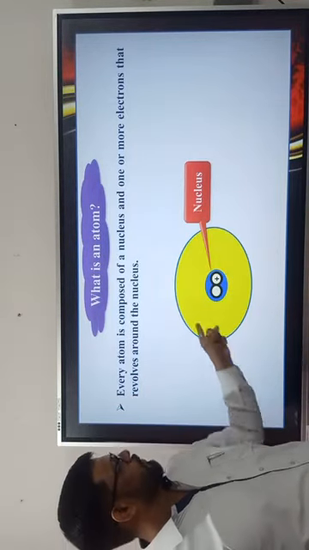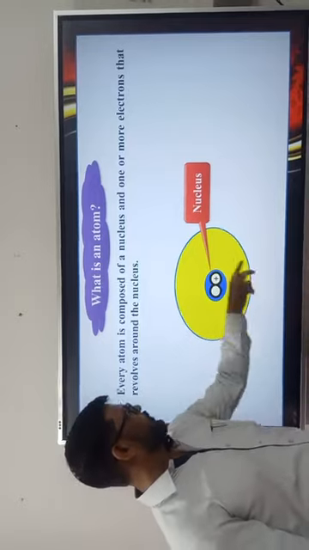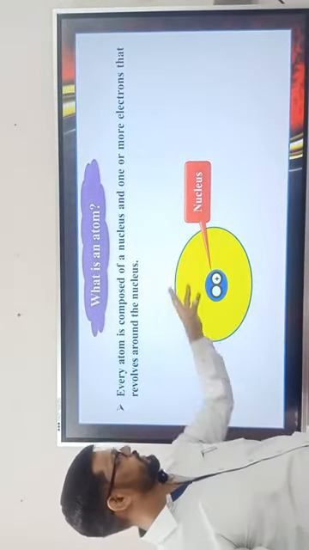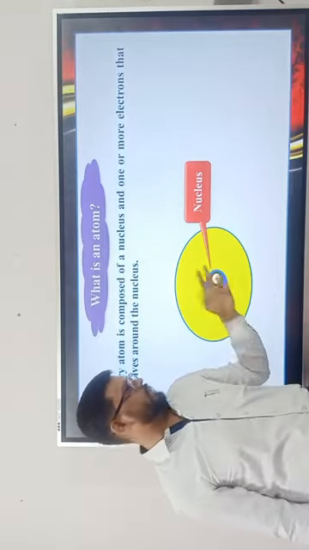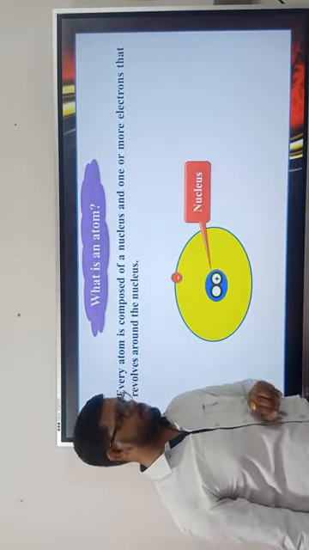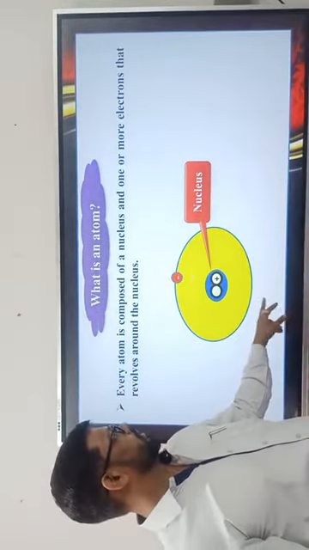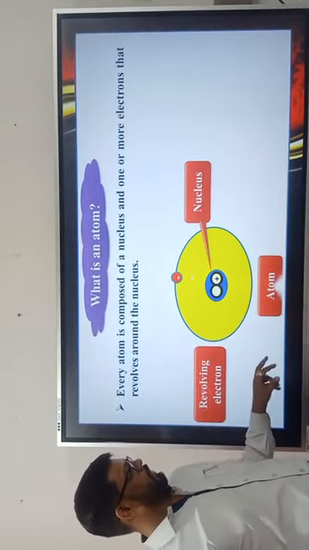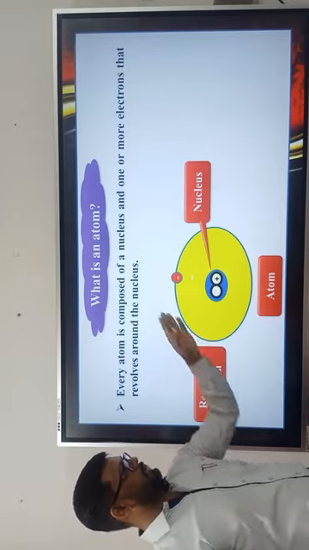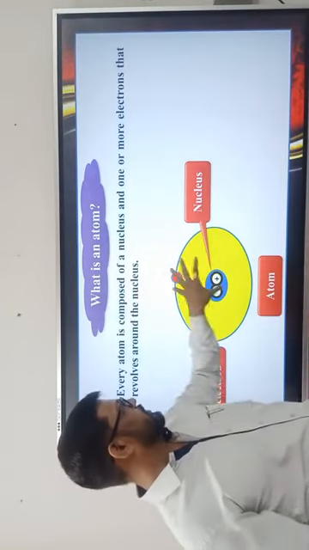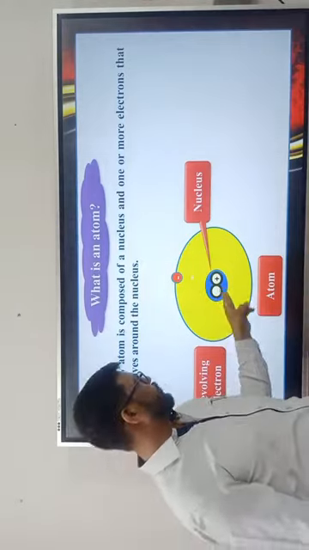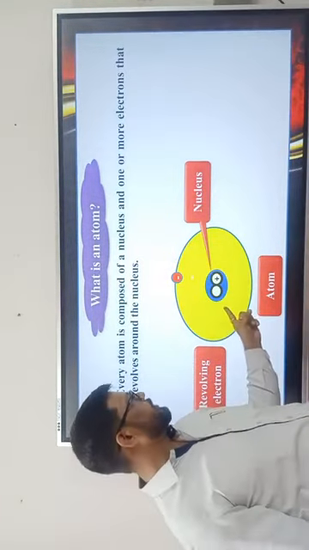Suppose this is your first shell, and as we have discussed just now, the shell has an elliptical shape. This is an electron in the shell which is revolving around the nucleus, and this entire representation is called an atom, where this is the nucleus which contains subatomic particles.